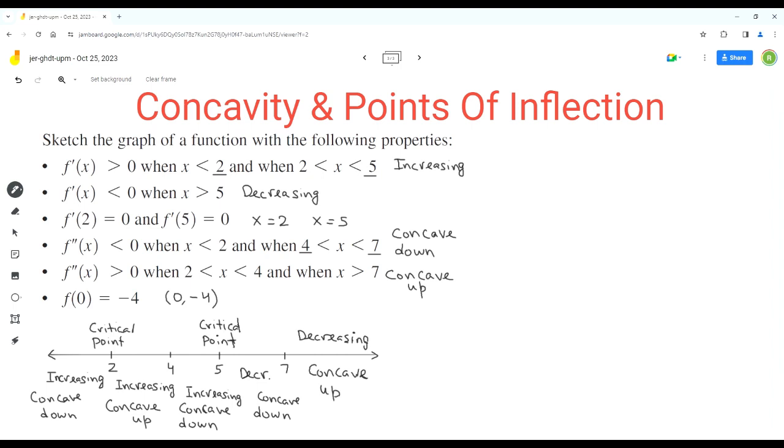So these are the properties we have to show in the sketch of the function. Now we can sketch the function based on these properties that we identified on the number line. So let's start by drawing the grid.